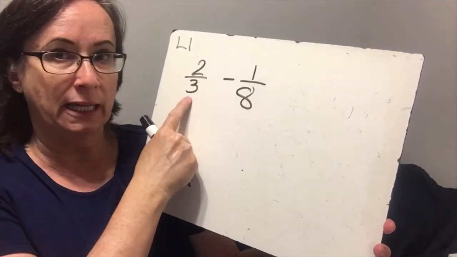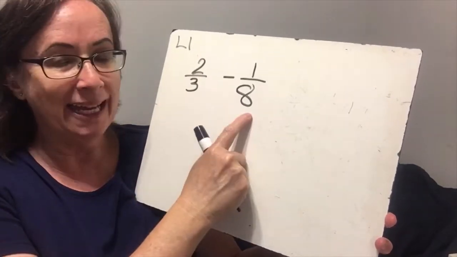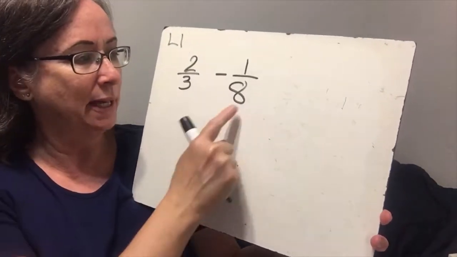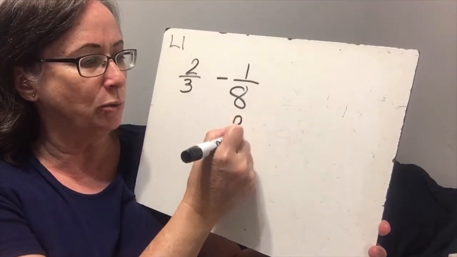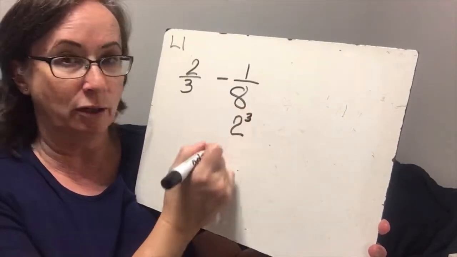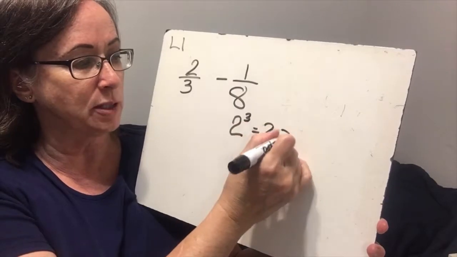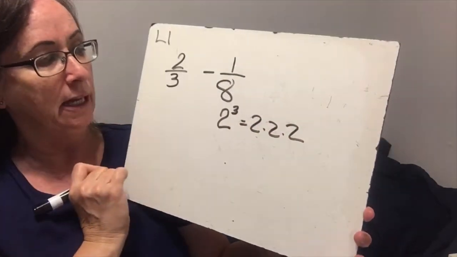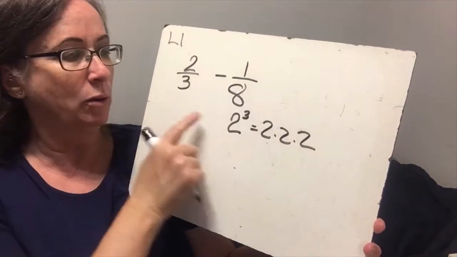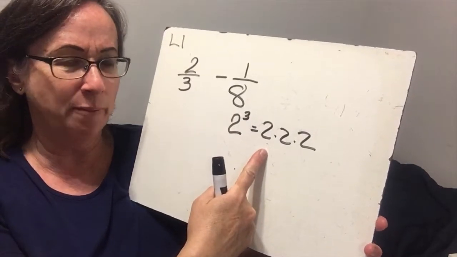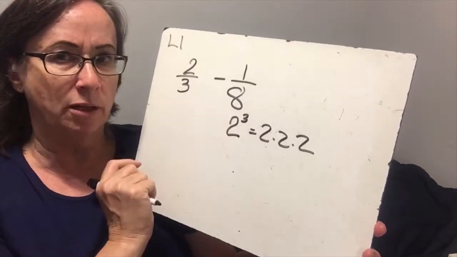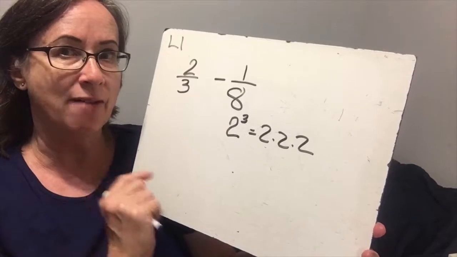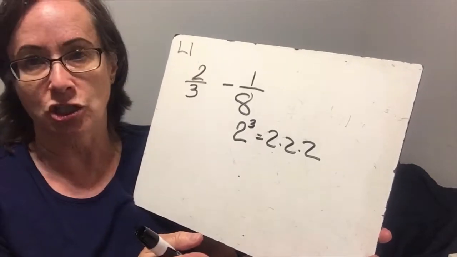Well, 3 is prime. 8 is not prime, but 8 is actually 2 to the 3rd, which is 2 times 2 times 2. Okay, so even though 8 is not prime, we're going to have to multiply the two numbers together because they have no factors they can share.